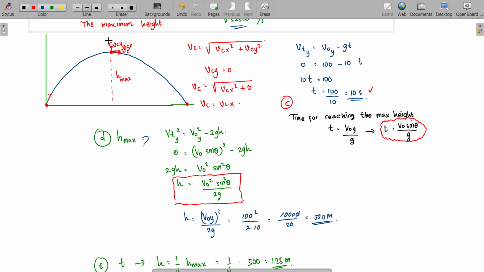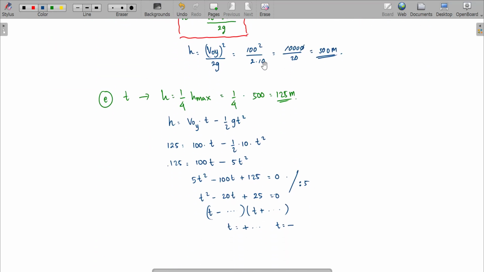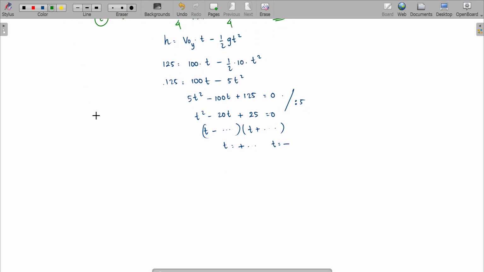Yes. Or you can use the formula in here. I will introduce you to the formula. Point F, time for reaching the ground again, or we can say time for maximum distance.